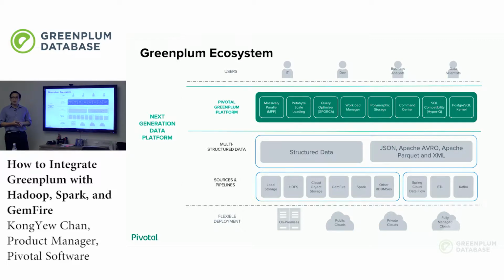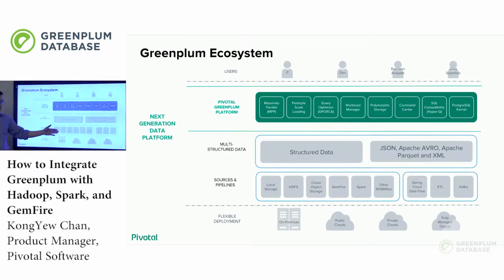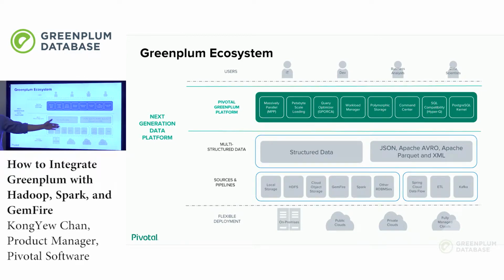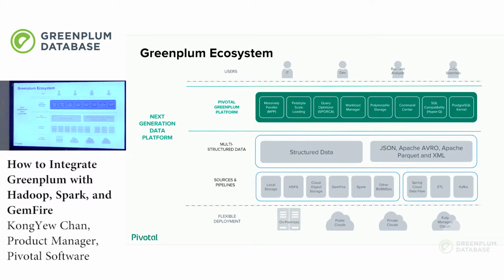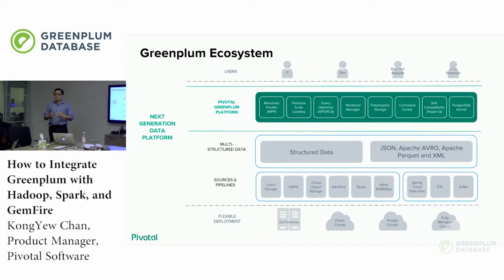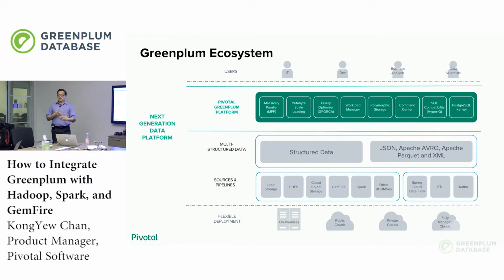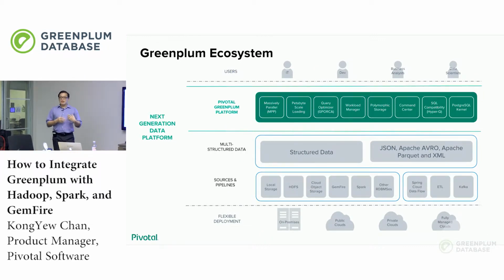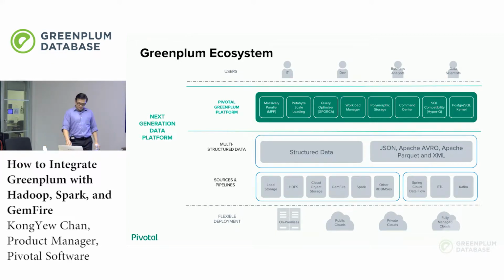All this data could be located in different data sources. For today's conversation, I'm going to focus on the Hadoop, GemFire, and Spark ecosystems. It's important because we want to enable Greenplum users to load the data, analyze the data within Greenplum, and in some cases even export the data back to other ecosystems.